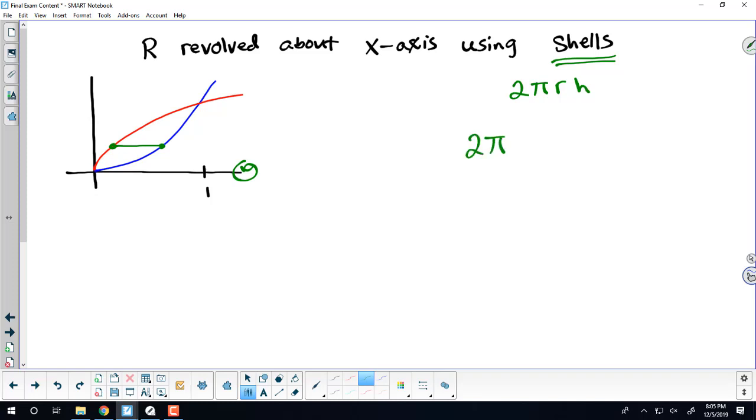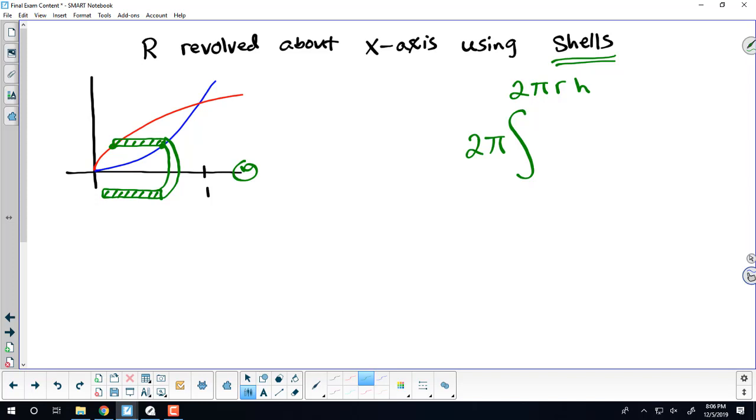Which was 2 pi times the integral. The radius here of each one of these shells, if we're going to revolve this around the x-axis, that's our cylindrical shell.